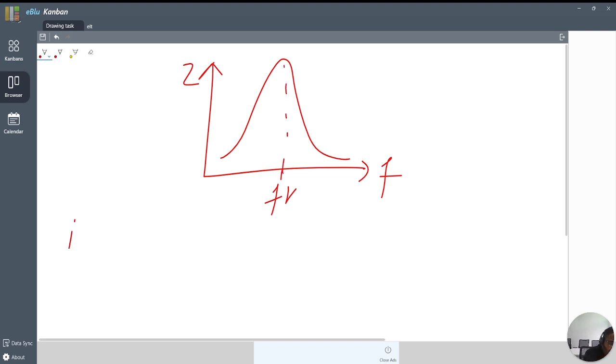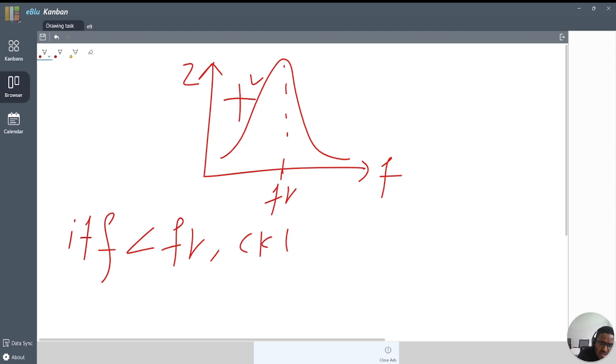If F is less than FR, the circuit becomes inductive, with inductive reactance XL.